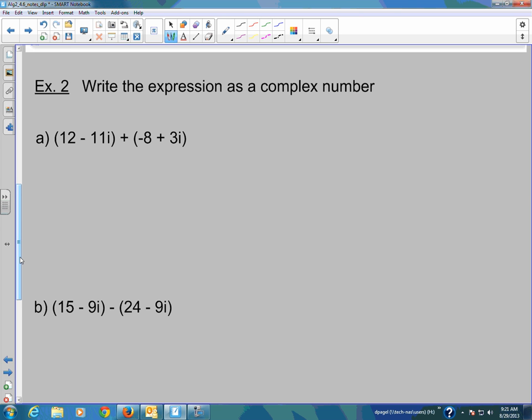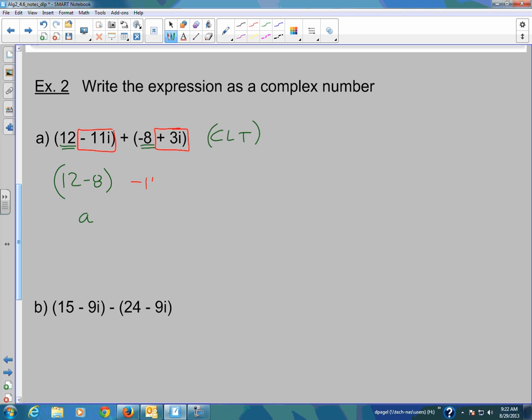All right, we have our two complex numbers, 12 minus 11i. We're going to add that to negative 8 plus 3i. So again, think of combining like terms, real part, real part. This would become our a part of our standard form of a complex number. And then we have our imaginaries adding together.